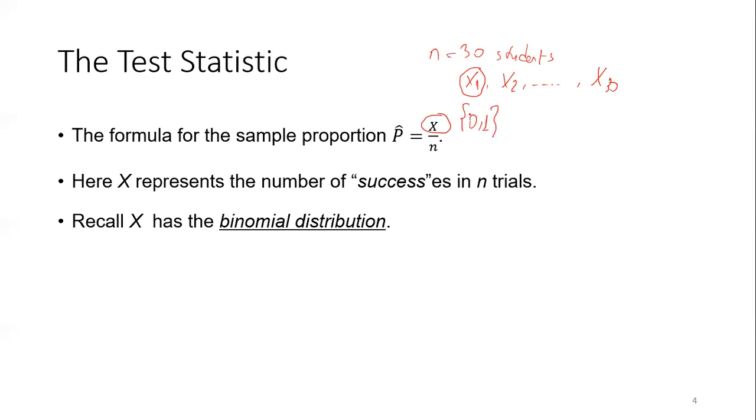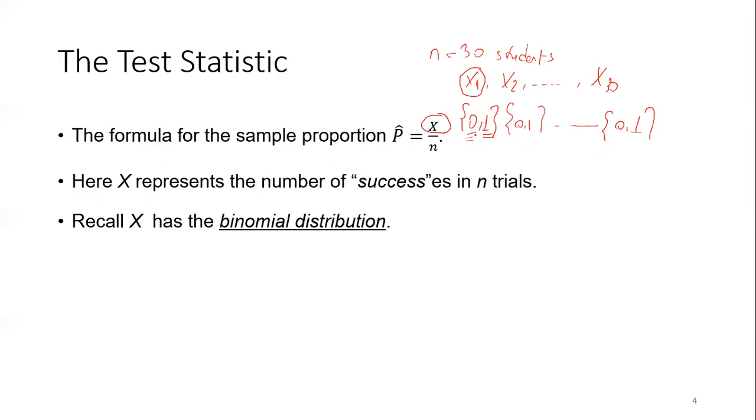If he or she likes Cafe Nero, then the value of x1 is 1. Otherwise, if he doesn't like it, the value is 0. And the same for the other students.